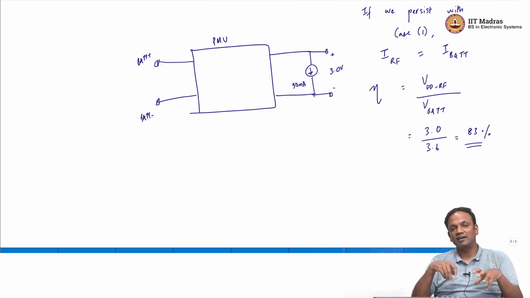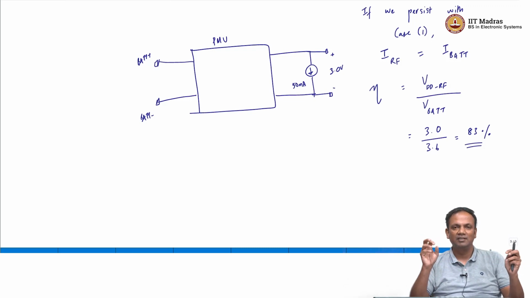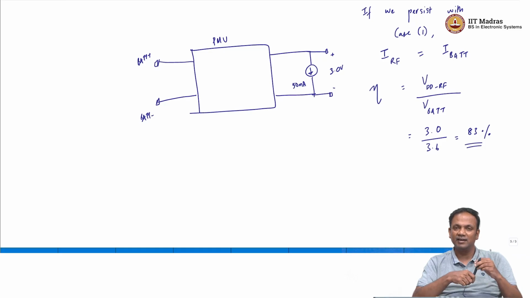So, it is worth understanding that if I am going to let the same current flow from the battery to service my block, the efficiency I will get is defined by the ratio of voltages. The voltage that my block needs divided by the voltage that the battery is at is the efficiency I get. This ratio will be high if the block requires a high voltage.